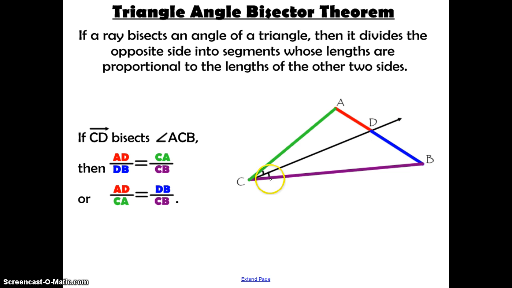CD only cuts angle C in half, but what ends up happening is that this side gets cut so that you have proportional side lengths. AD over DB is equal to CA over CB, or the other proportion is AD over CA, the two sides on one half of the triangle, is equal to DB over CB.